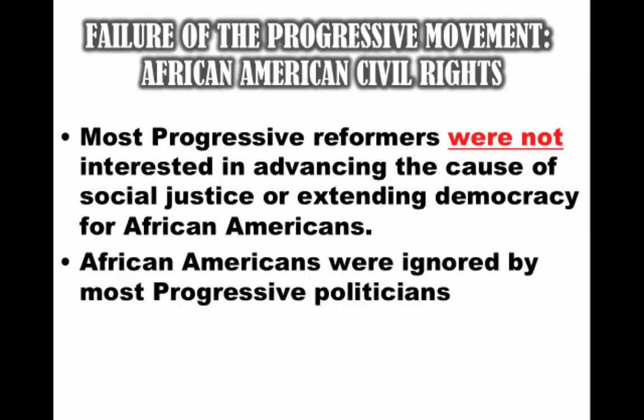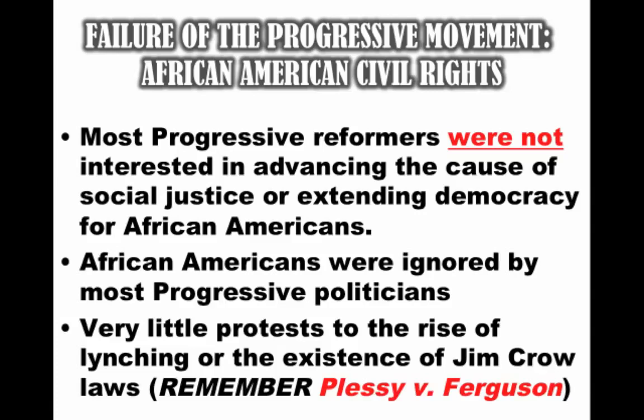In fact, African Americans were oftentimes largely ignored by progressive era politicians. From Roosevelt on, not much in the way of civil rights advances. In fact, as a whole, there are going to be very little protests to the rise of lynching in the 1890s or the existence of Jim Crow laws. Remember, Plessy versus Ferguson happens in 1896.